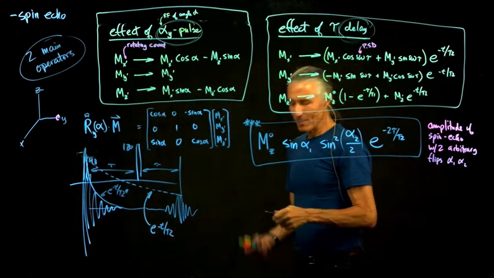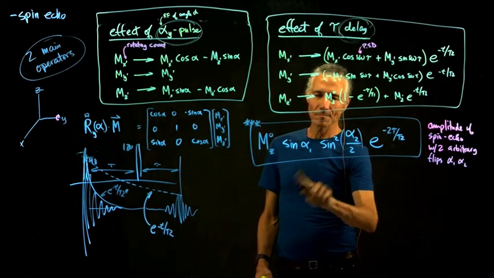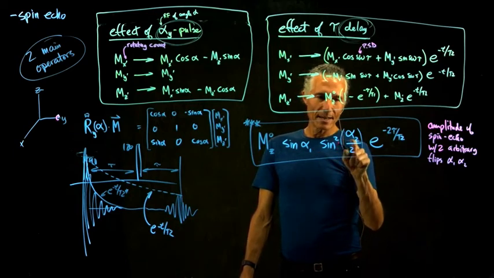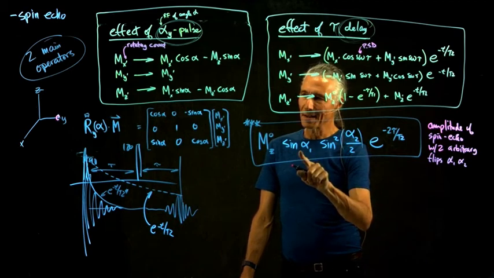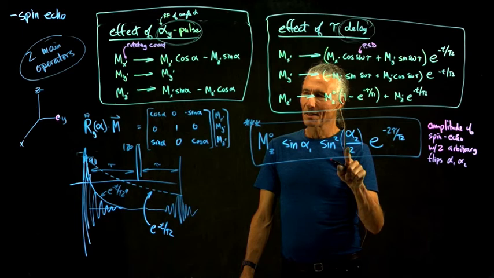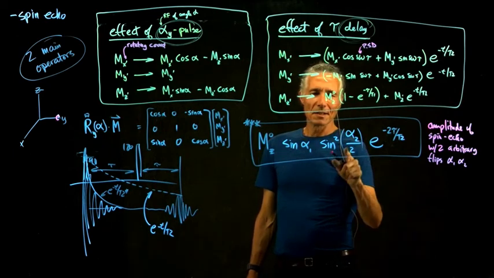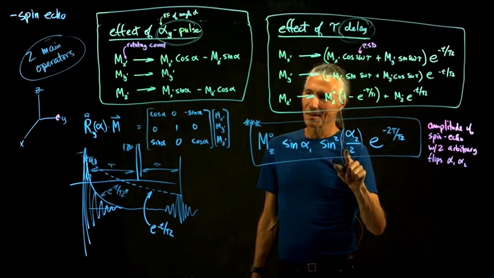Well, let's just consider a special case. If we consider a special case where the second flip angle is 180 and the first flip angle is 90, then 180 divided by 2 is just 90. And so in that case, that's just the sine of 90.